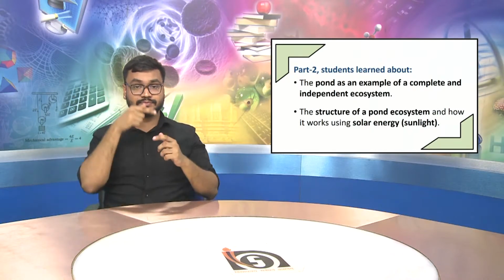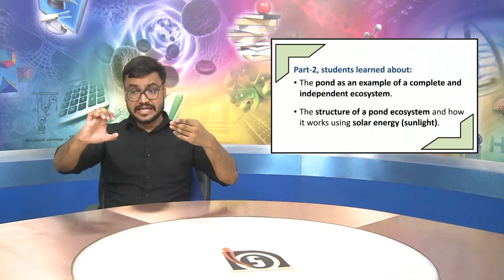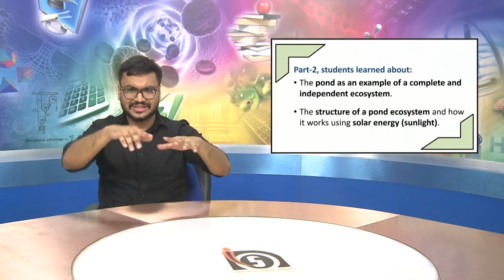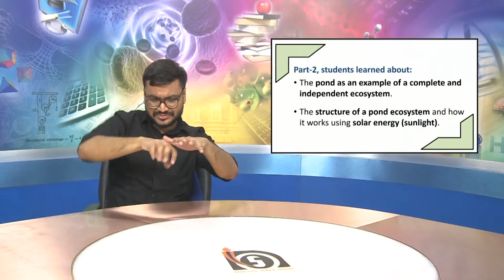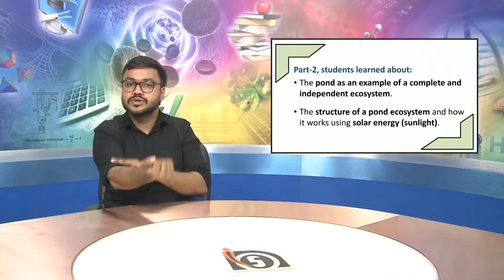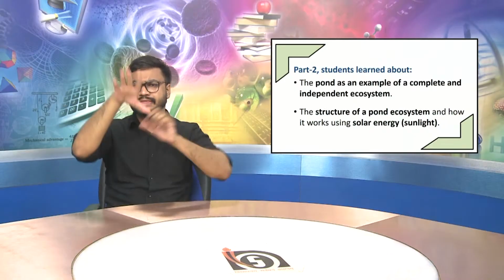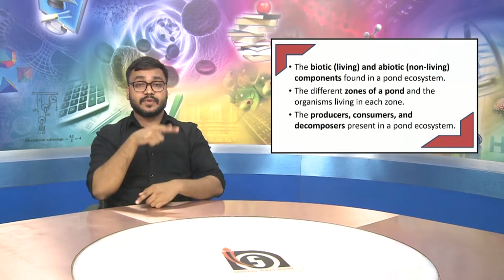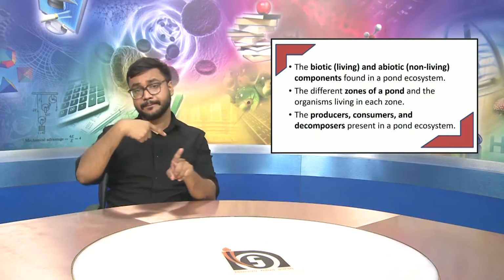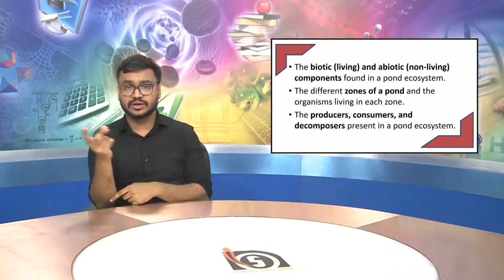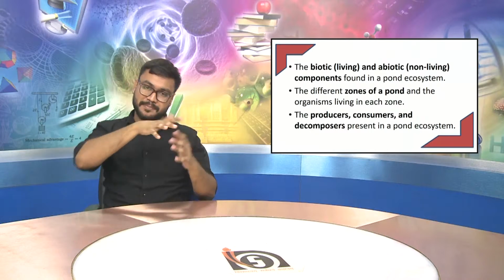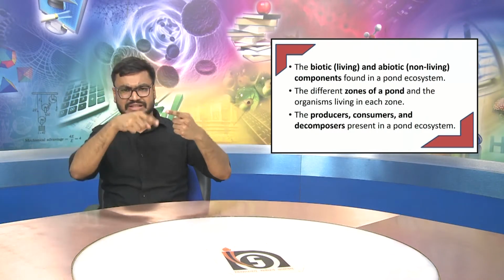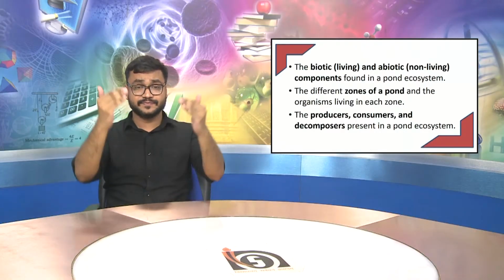First, we have learned the pond as an example of a complete and independent ecosystem, and second, the structure of a pond ecosystem and how it works using solar energy. Also, we had studied the biotic, which is living, and abiotic, which is non-living components found in a pond ecosystem.